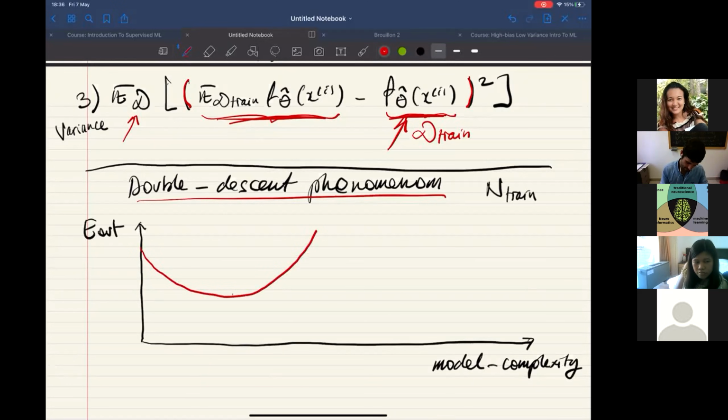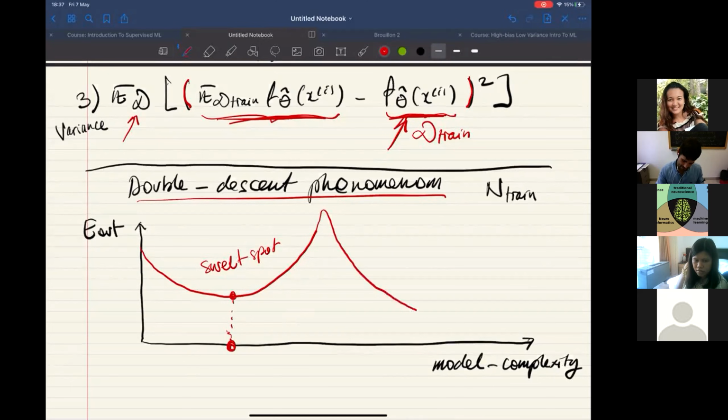So there is here a sweet spot, the optimal trade-off between bias and variance. So a priori, you should select a model with that complexity. But actually, if you continue to increase the model richness, what really happens is that you have a second decrease.